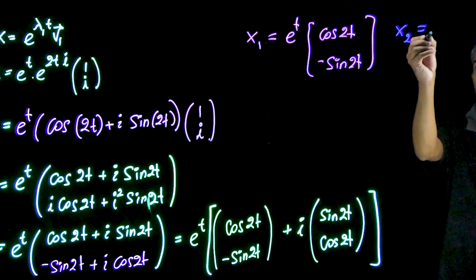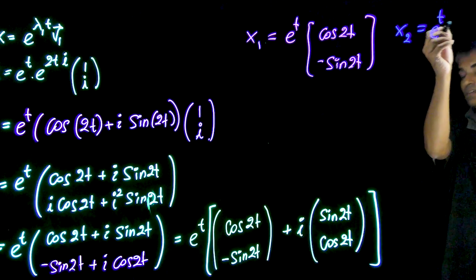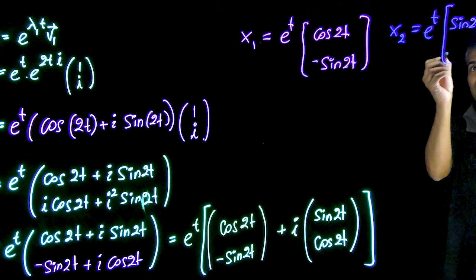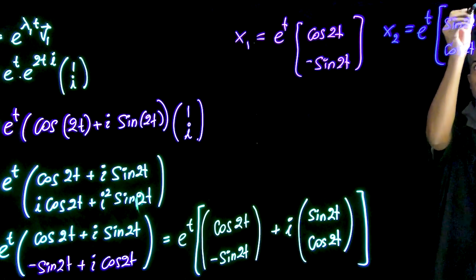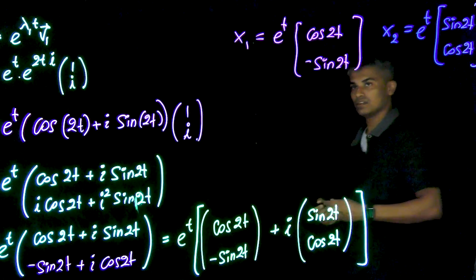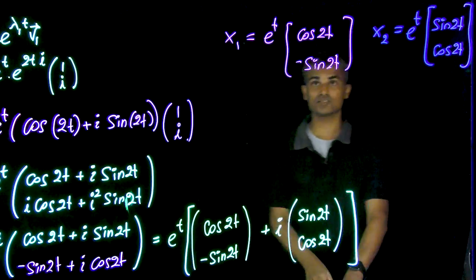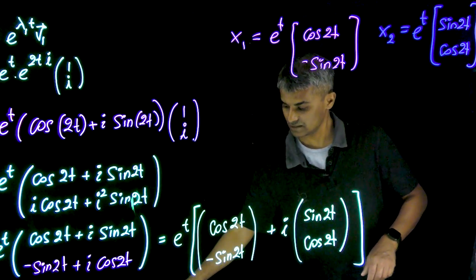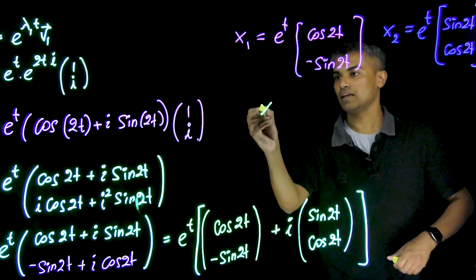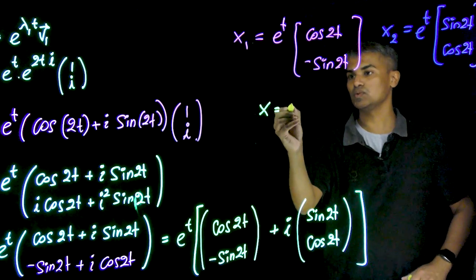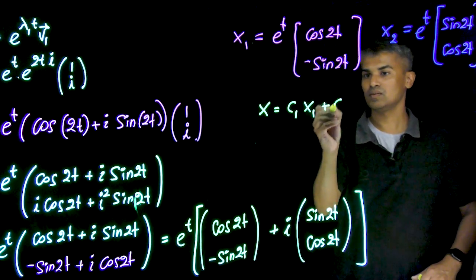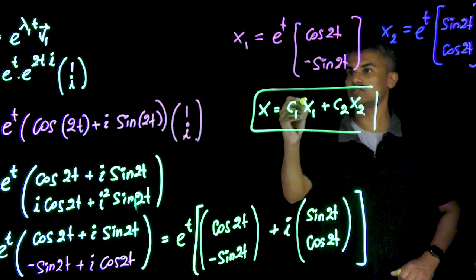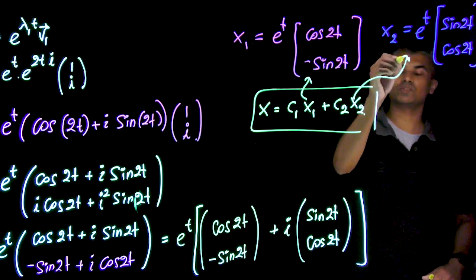So the imaginary part would be e to the t times (sine 2t and cosine 2t). Okay. I think we are done. So now the general solution x would be a linear combination of these two. So we have c1 x1 plus c2 x2, where x1 equals this and x2 equals this.